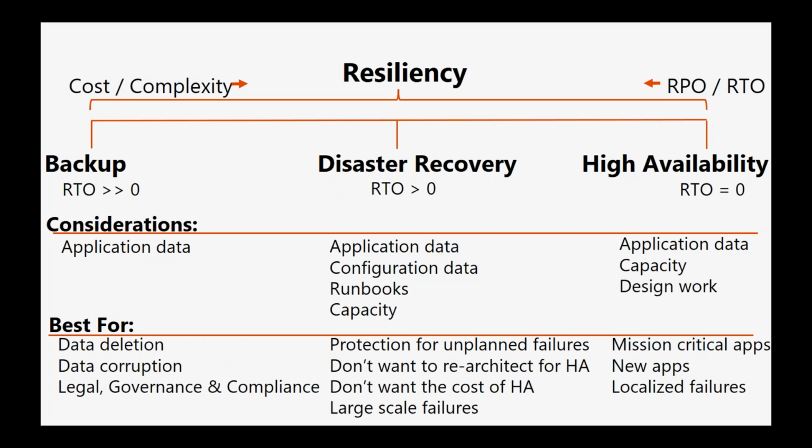And then in the middle is disaster recovery, where you can't always rely on high availability because for that entire site, something could happen to it. Disaster recovery is to help, in the middle there. It's going to have a little higher RTO, of course, than high availability, but it will help you not have to re-architect for high availability in a new site if everything was to go down and you just had backups, for example, and had to rebuild everything.